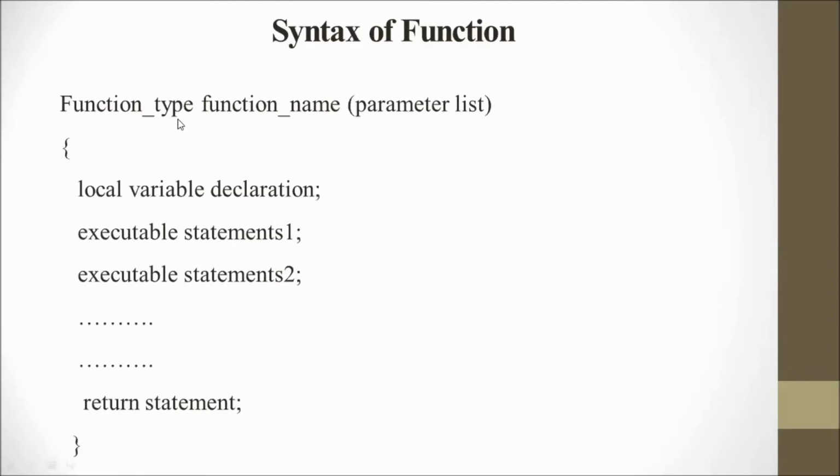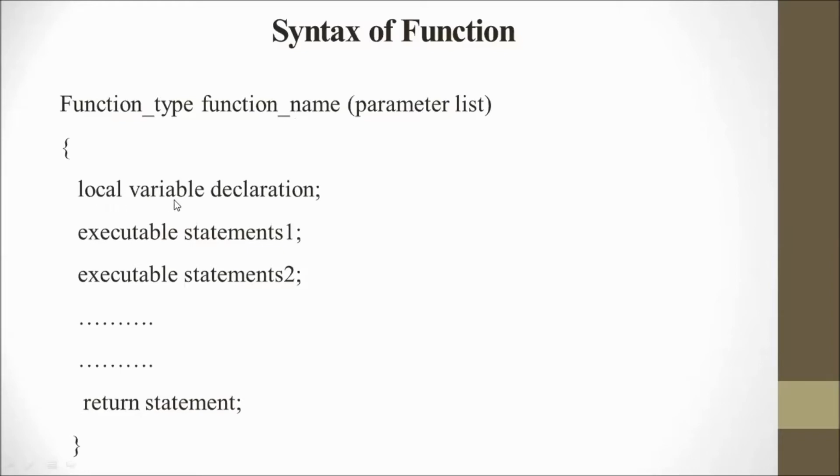Here is the function type. We define a function type like float, integer type. Here we use the function name, and here we use the parameters list. Here we use some parameters x, y, z, integer type, float type, etc. This is the curly brace opening the function body.